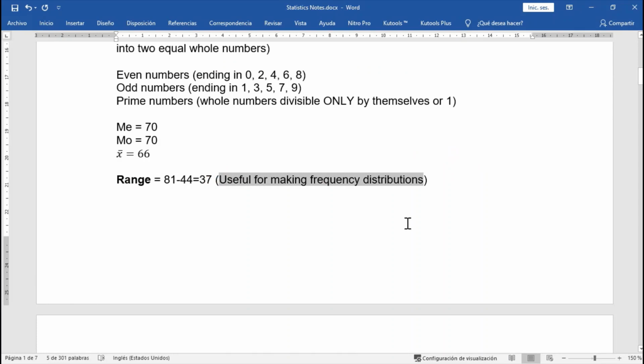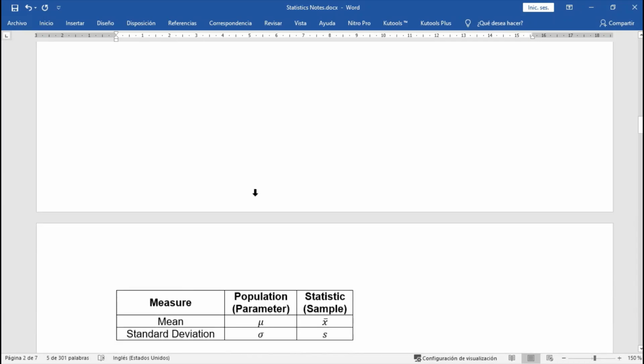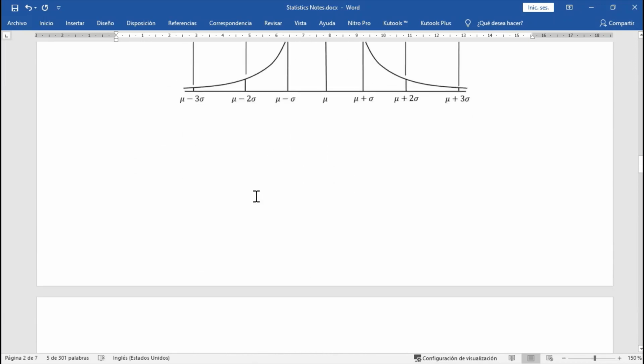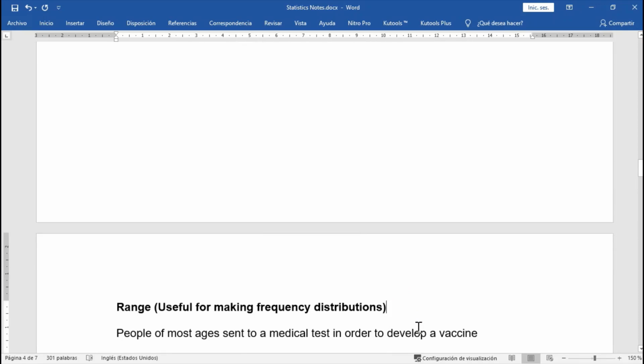Now, I want to give you a little explanation of how this works, right? Because we only said that it was the difference between the highest and the lowest value. But let's check its utility. Now, first, let's consider this situation.